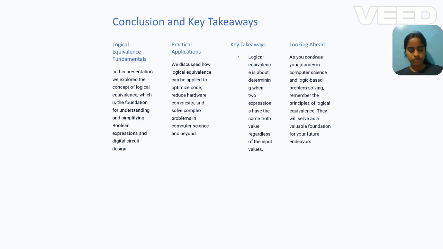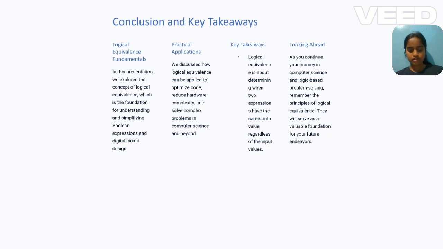Logical equivalence fundamentals. In this presentation, we explored the concept of logical equivalence, which is the foundation for understanding and simplifying Boolean expressions and digital circuit design. Practical applications and key takeaways.